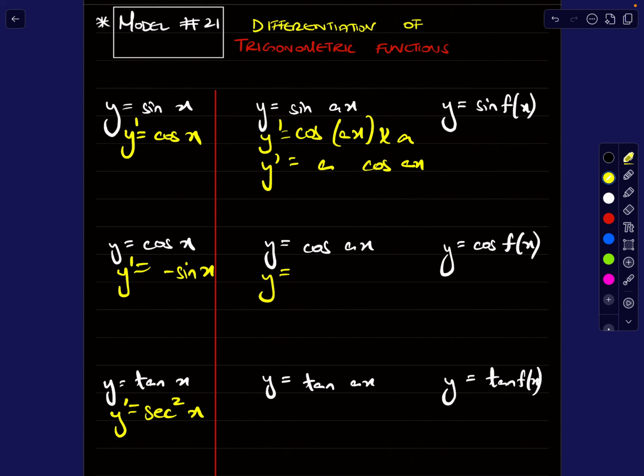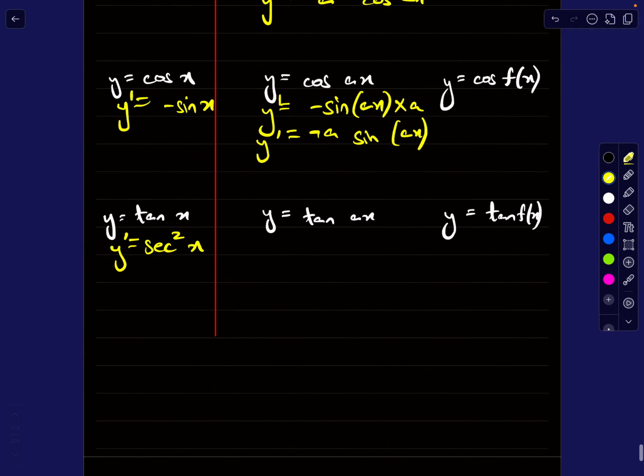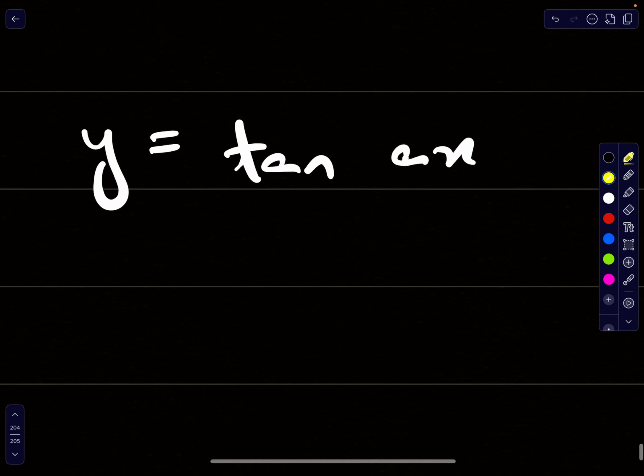Then we have y equals cos ax. The differential of cos is going to be minus sine, and the thing inside the brackets remains as it is, multiplied by the differential of the brackets. We'll end up with minus a sine ax. That's it. Then we have y equals tan ax.